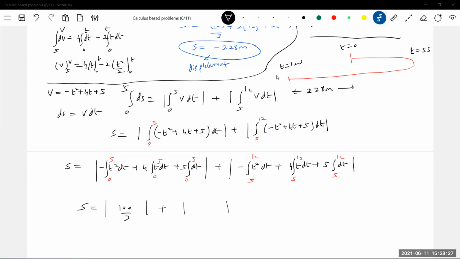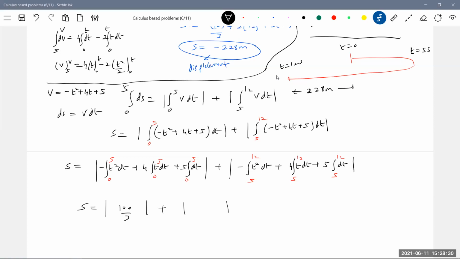Second one. 100 by 3 plus 228. You add up. That'll be the second one. Because this is 100 by 3, no? 100 by 3 plus 228. That should be the value of this one.